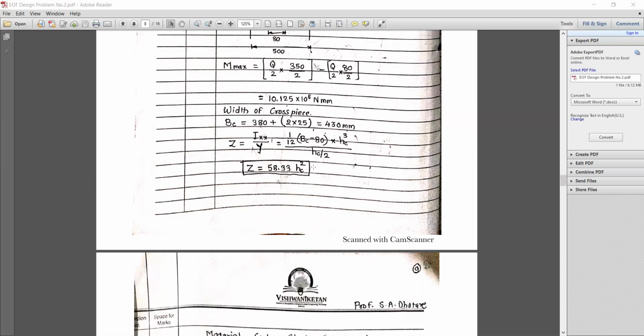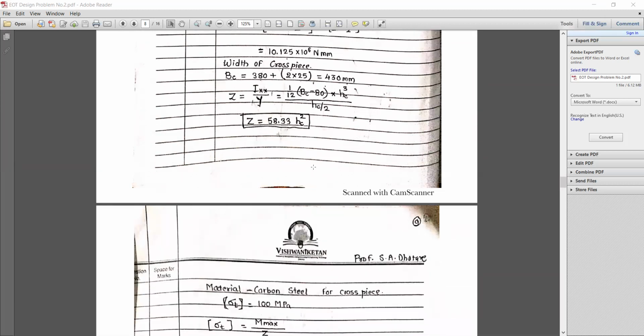Now we have to calculate the width of the crosspiece. We have denoted the crosspiece width as B with suffix C, so that we can identify which component the width belongs to. So BC is equal to 380, that is the major diameter, plus twice 25.